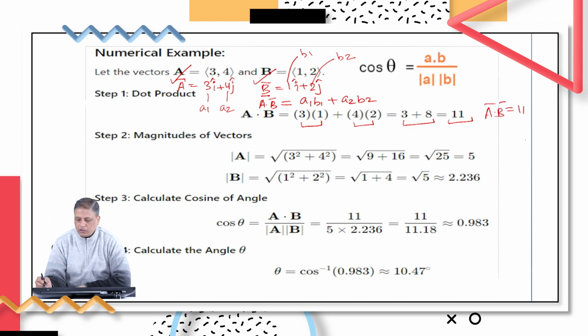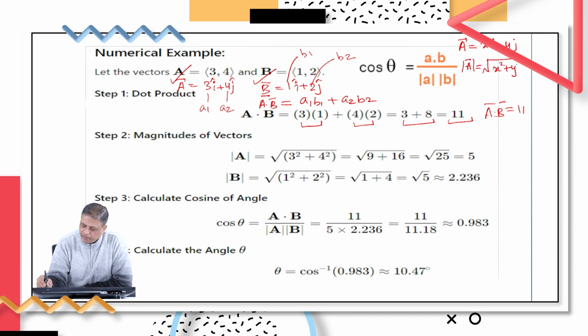And we also learned in our earlier sessions that if we are given a vector A in the form xi plus yj, then magnitude of A will be given by square root of x square plus y square.